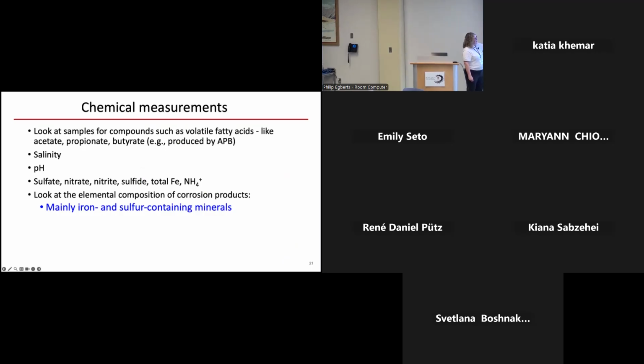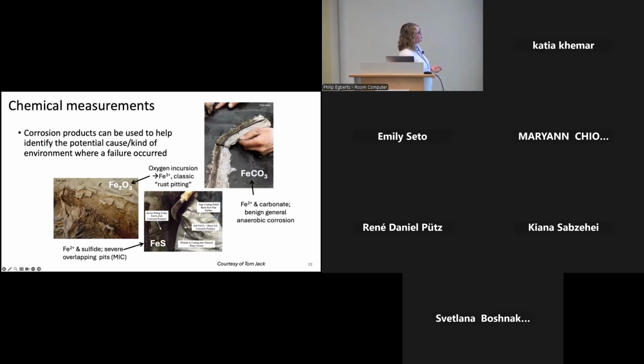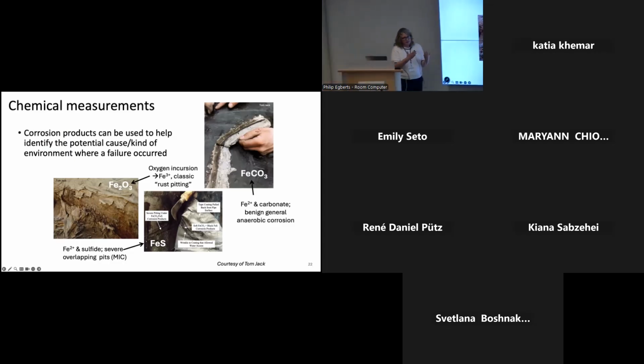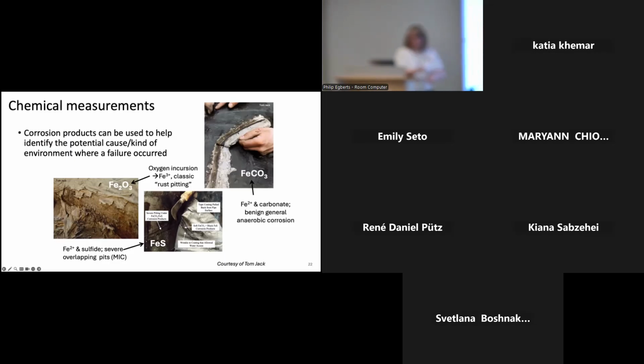And then you want to look at the elemental composition of any corrosion products that might be on the surface. Generally, these are mostly iron and sulfur related measurements. So you might be looking for iron sulfide, iron oxides, iron carbonates, etc. A lot of these can give you some clues as to what types of microbial corrosion may have happened.